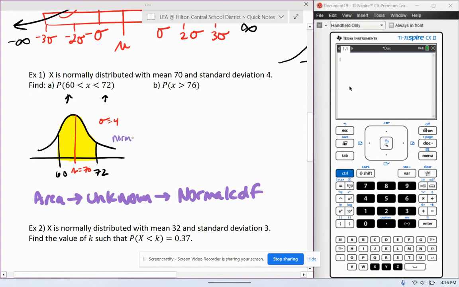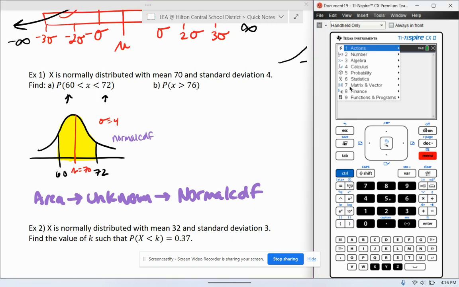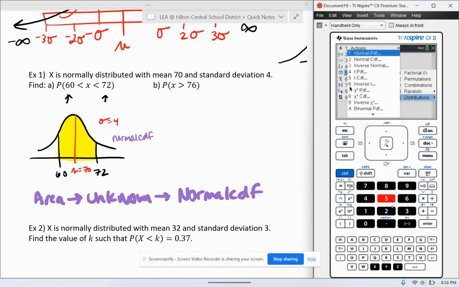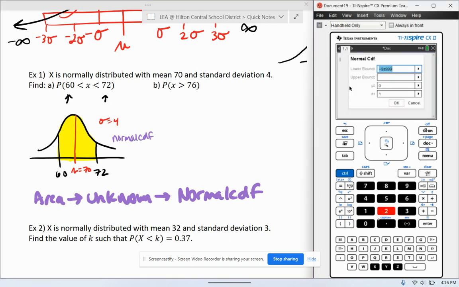So it'll look like normal CDF, and then we would enter menu 5, 5, 2, and we're going to look at our graph. The lower bound is 60, the upper bound is 72. Maybe if we think about these like test scores, it'll help us contextualize the problem, right? The mean is 70 and the standard deviation is 4.